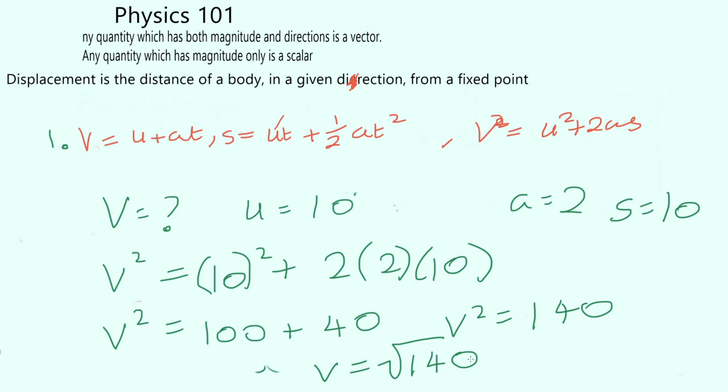And when you enter that into your calculator, what you get is 2 square root of 35. Alright, so very good. So we found our v. So now that'll be meters per second, ms minus 1.